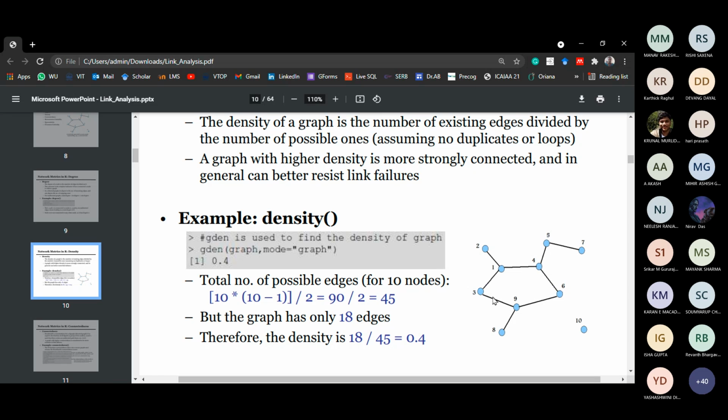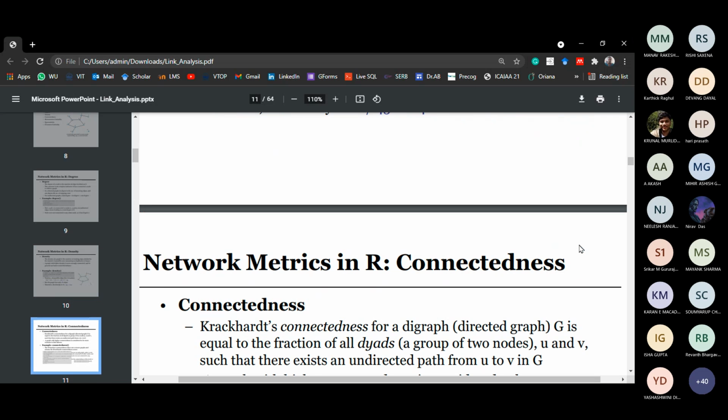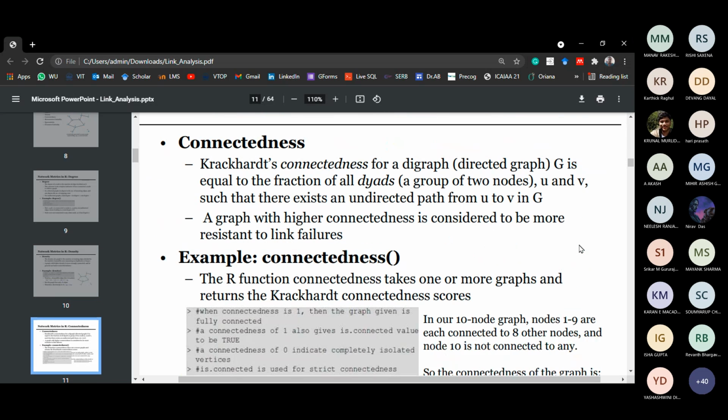If I'm trying to pass a message from 3 to 7, since this graph is strongly connected, it will pass through 1, 4, 5, and 7. So this is how the density of the graph can be used to identify how strongly and well connected the nodes are.